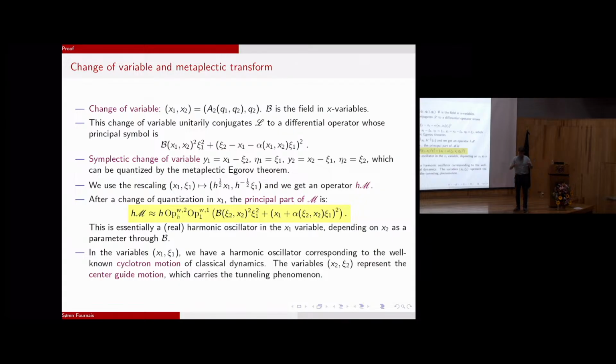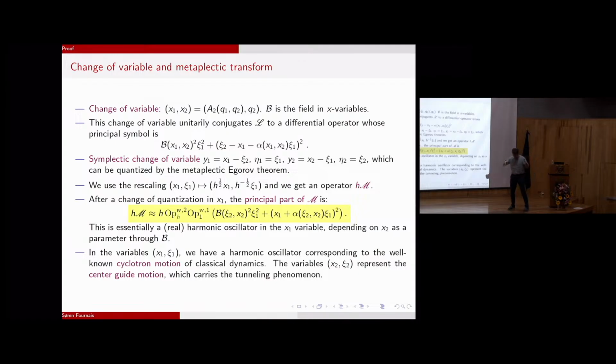So that we don't know how to do, but what we do is reduce to something that we know very well, namely the constant magnetic field case in all of space. How does that work? We make a change of variable. That's why the original variables were called Q, because we make new variables defined by essentially the vector potential. Remember, the vector potential had only one component, so A2 is really everything there is, and Q2 is just mapped to X2.